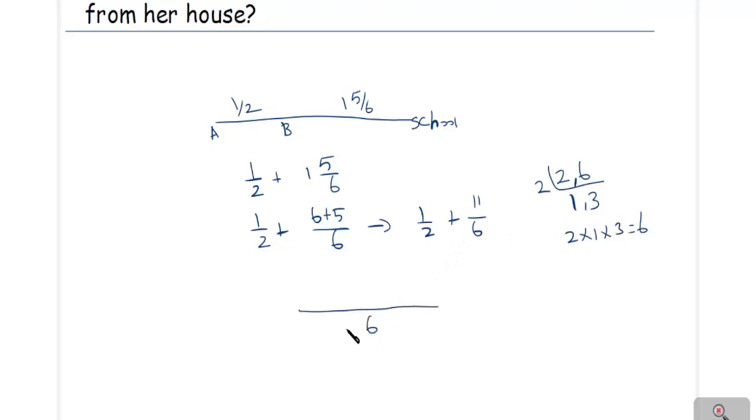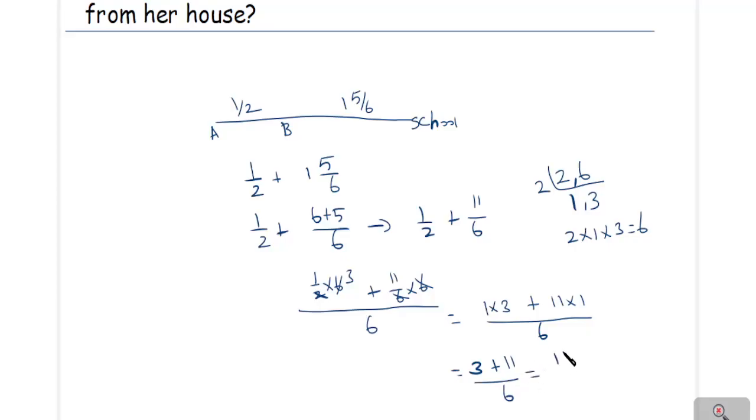So 6. Now 1/2 into 6 plus 11/6 into 6. You can cancel: 6 by 2 is 3 times. So the result is 1 into 3 plus 11 into 1. So 3 plus 11 is 14/6.